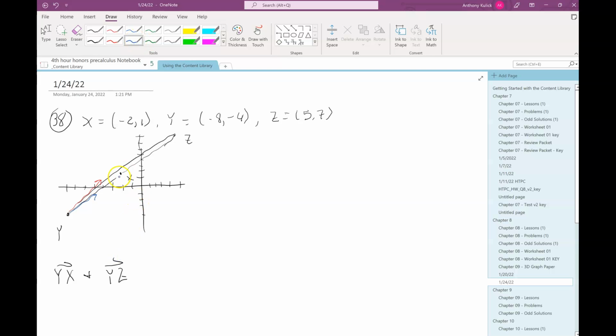And then I would need this vector with this vector, so xy with xz. And then I would need those two vectors, so I'm going to need zy and zx.